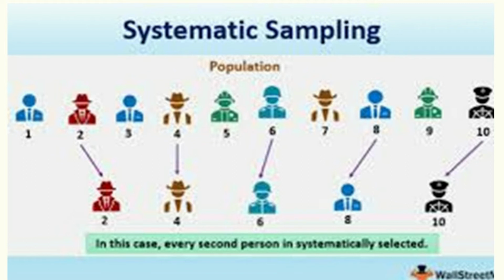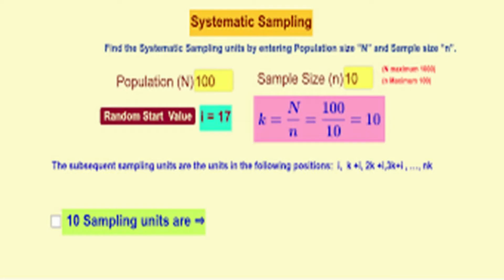First, we will try to determine the interval applying the formula K is equal to capital N divided by the small letter n, or the total number of the population divided by the total number of samples. So, makukuha natin ang number of intervals. Kindly look at the examples.